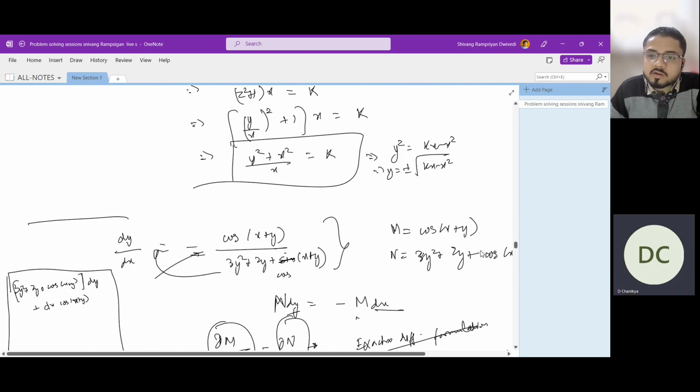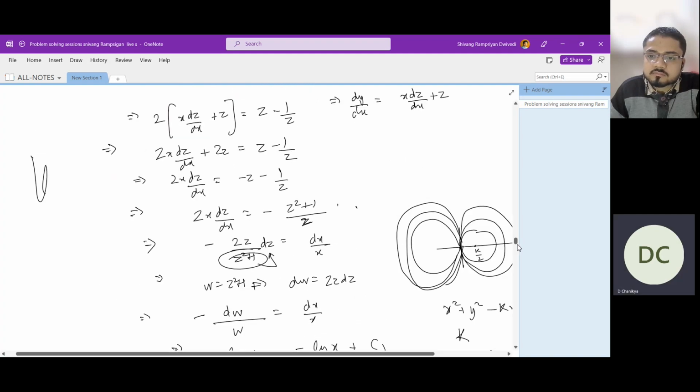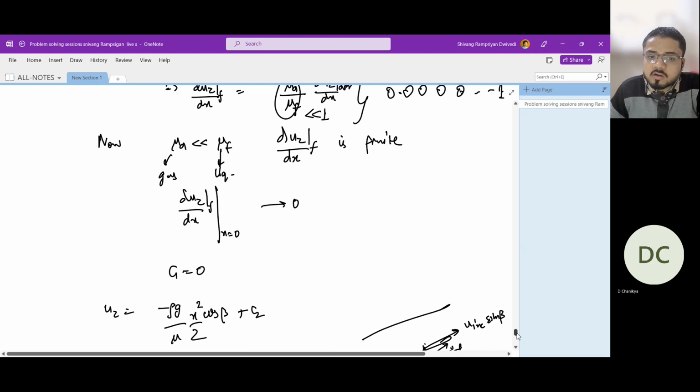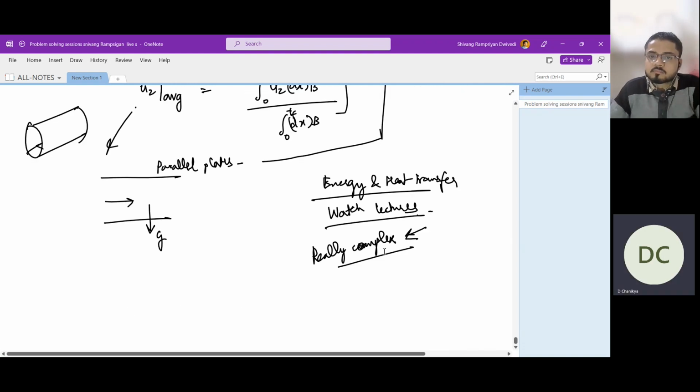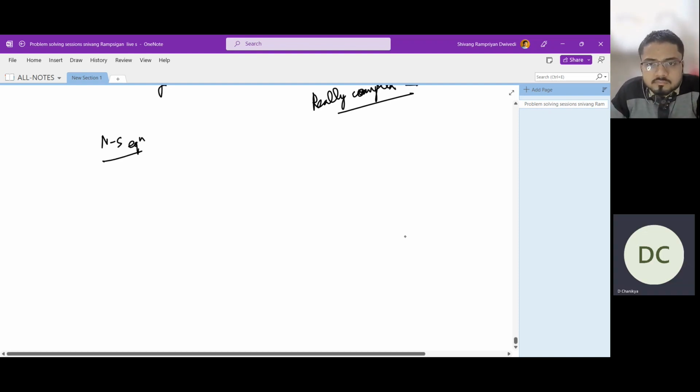Also, you might have heard of the Navier-Stokes equations, right? Do you know how to derive them?